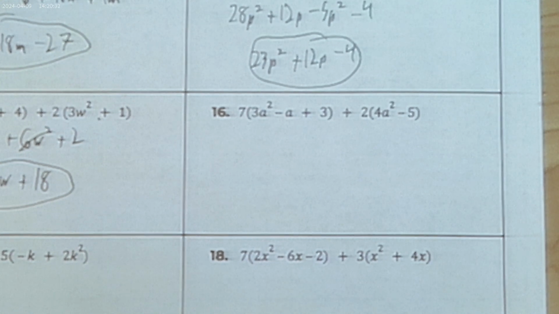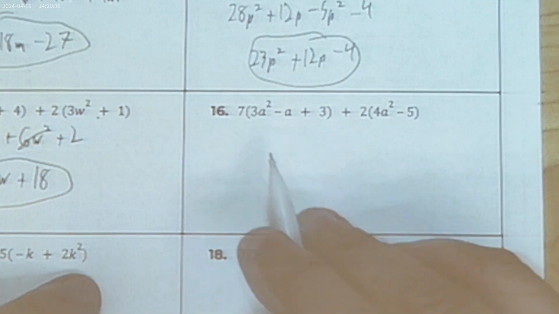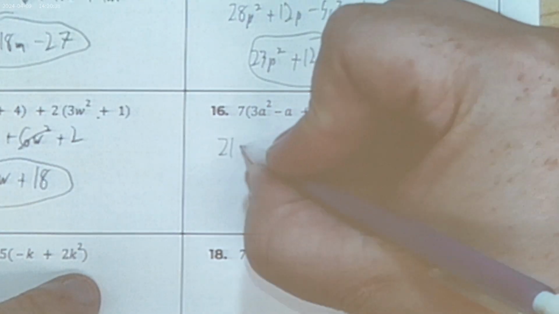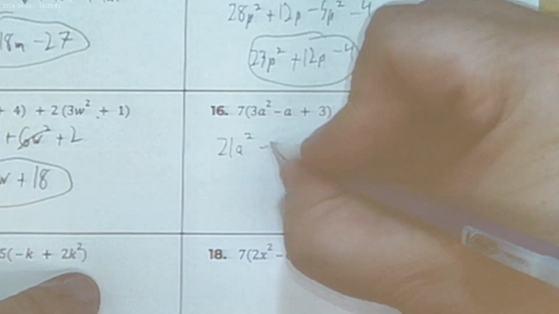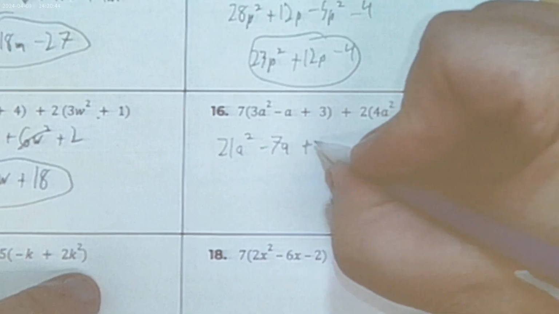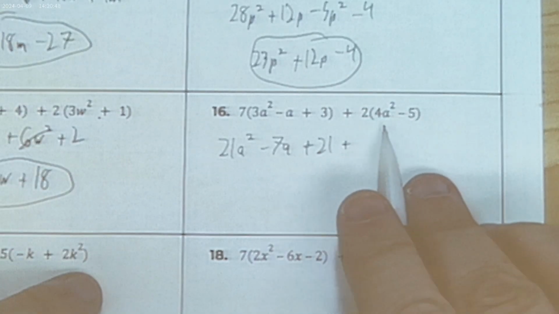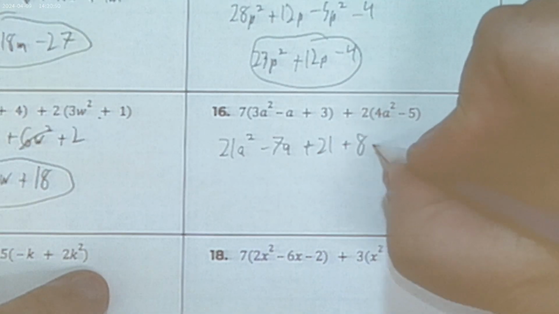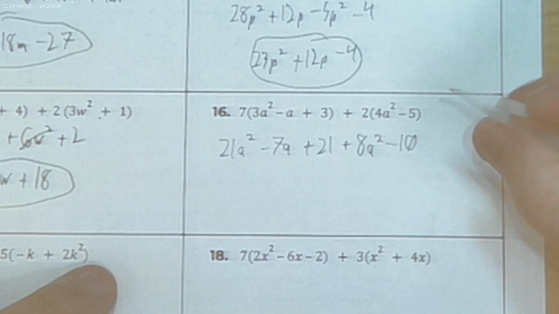Aside from the one detour, I'm feeling pretty good about this. All right, 7 times 3 is going to be 21a squared. 7 times a is going to be minus 7a, and then 7 times 3 is plus 21. 2 times 4a squared is 8a squared. 2 times negative 5 is minus 10.